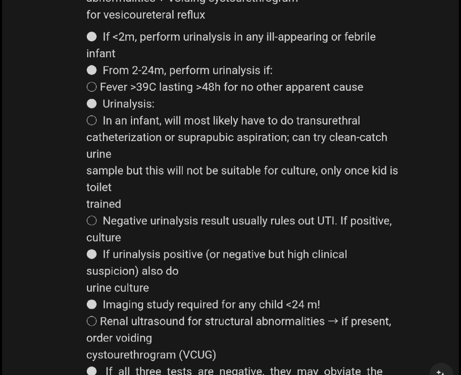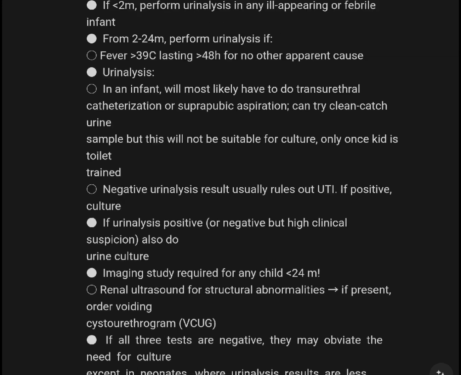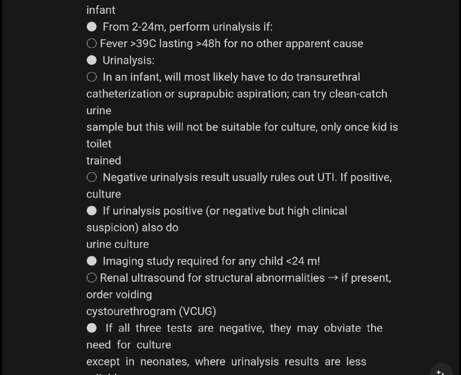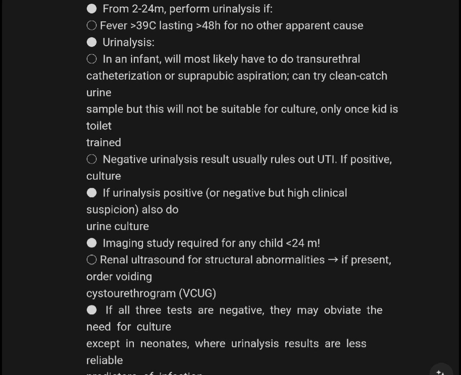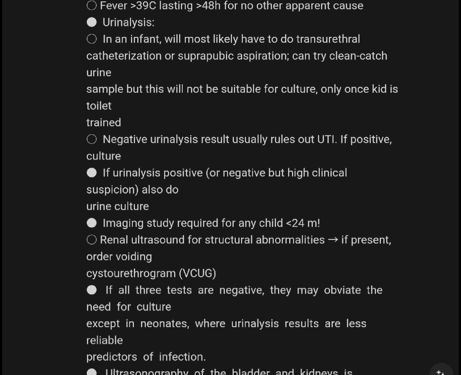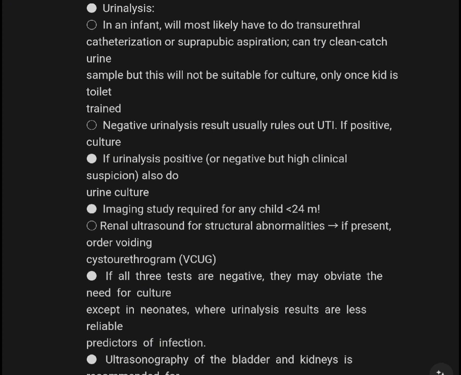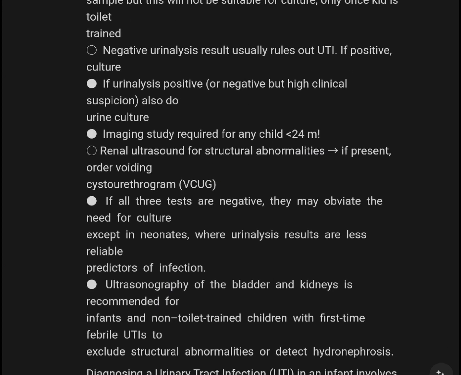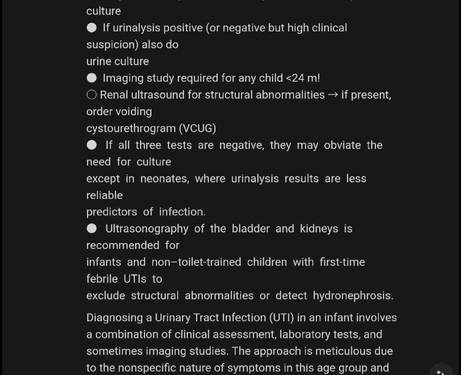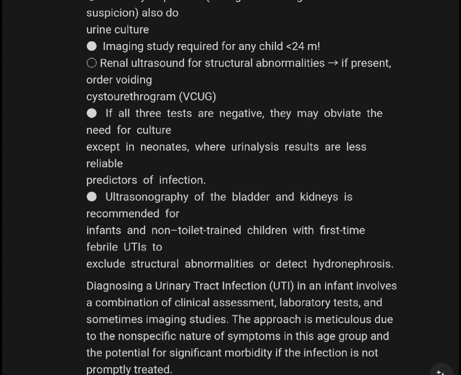From 2 to 24 months, perform urinalysis if fever over 39 degrees for over 48 hours with no other apparent cause. Urinalysis in an infant most likely requires transurethral catheterization or suprapubic aspiration; clean catch urine sample can be tried. A negative urinalysis result usually rules out UTI, and if urinalysis is positive, also do the urine culture.